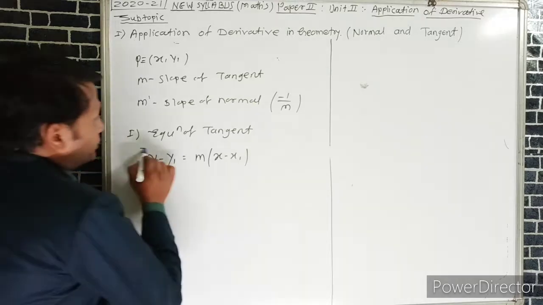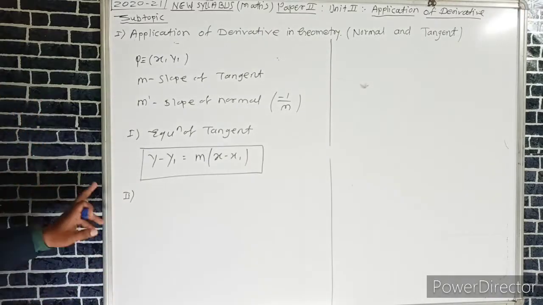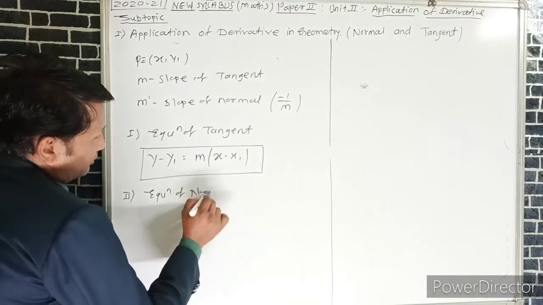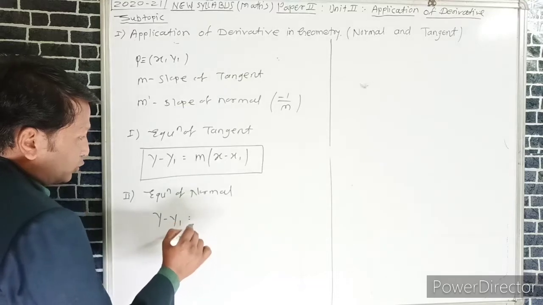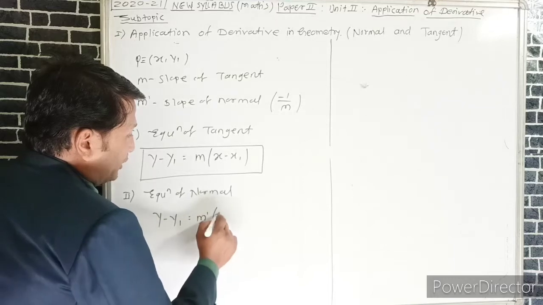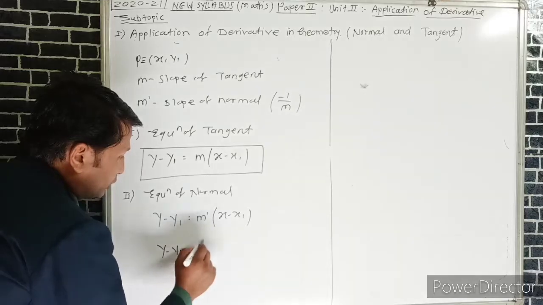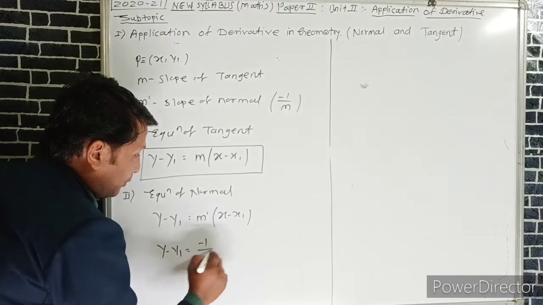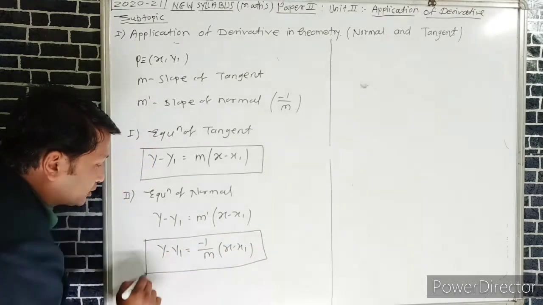After that, the equation of normal is y minus y1 equals m dash into x minus x1, or we can write y minus y1 equals minus 1 upon m into x minus x1, which is the required equation of normal.